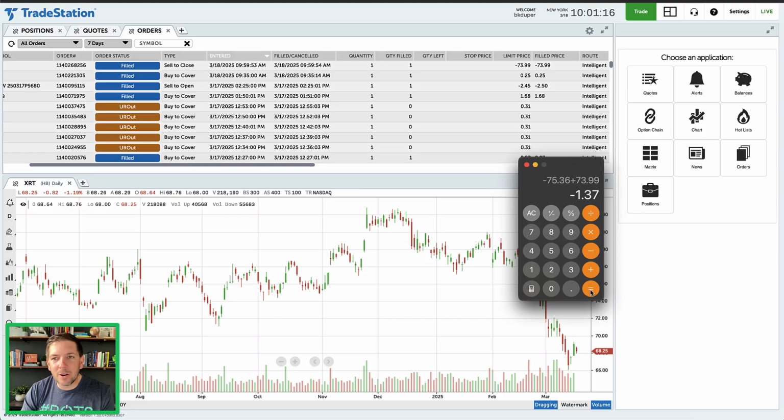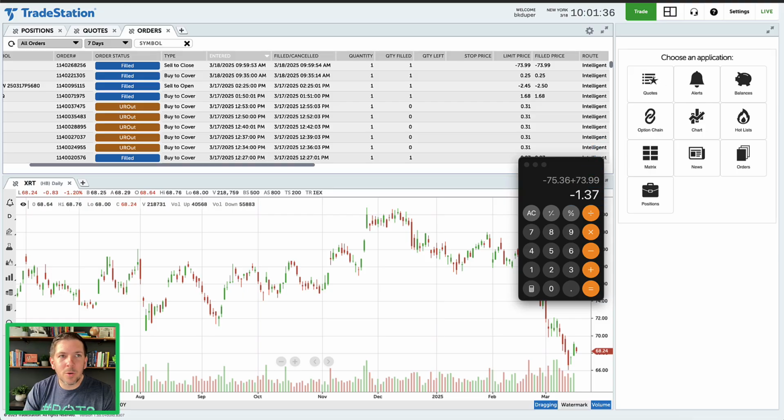And when we add back in our credit of $73.99, you can see we get a net result on the position of $1.37. So $137 was our total loss on the position after accounting for the fact that we had to buy back our position, our short put side, and we did that for a penny less.